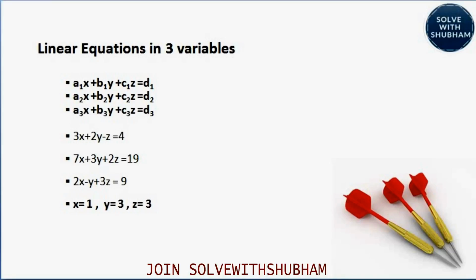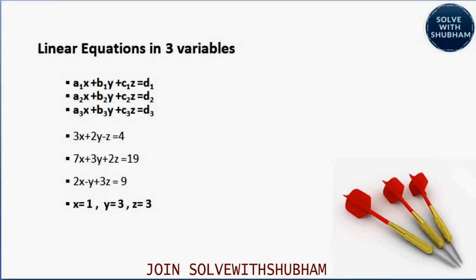Now coming back to the class, linear equations in three variables. It means we have to find out the value of three variables or unknowns when we have been given three independent equations.